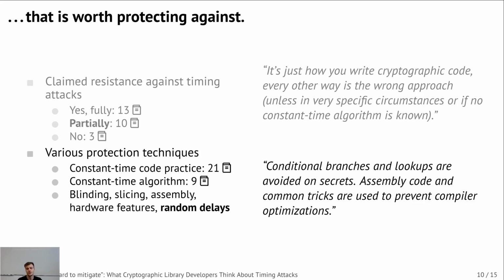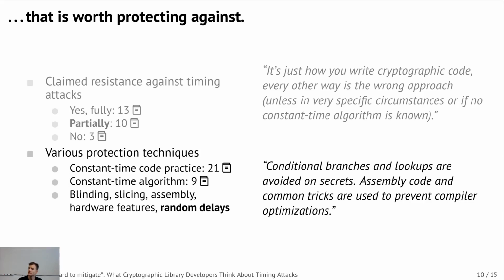However, as the BinSec-rel paper and the tool have shown, these compilers are out there optimizing, and they are quite nefarious with that, and they will sometimes turn constant time looking code into non-constant time code, perhaps even with these common tricks. So 9 libraries reported using a constant time algorithm.